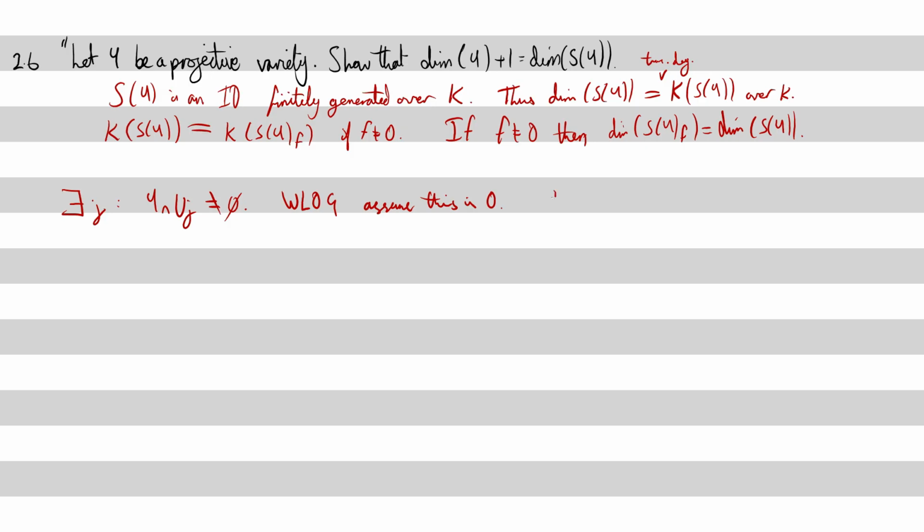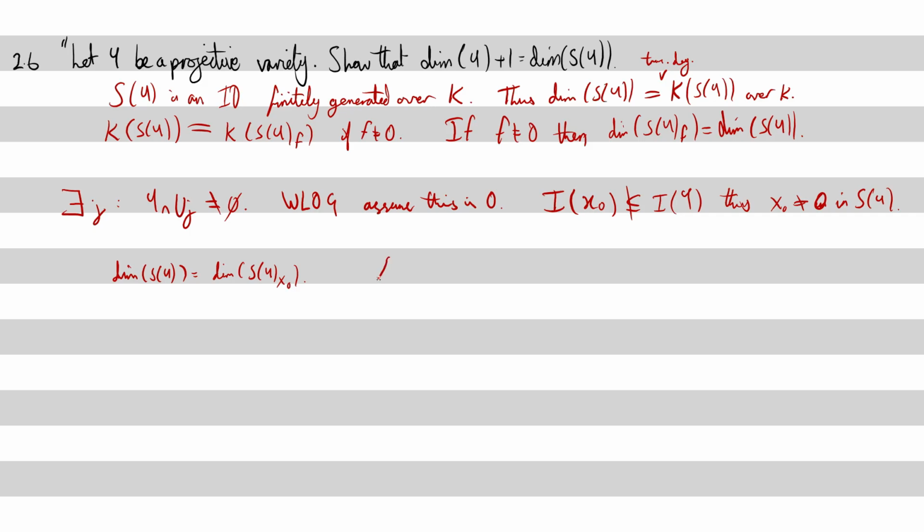And it also means that the ideal generated by x0 is not a subset of the ideal of Y. Thus, x0 is non-zero in S of Y, and the dimension of S of Y is equal to the dimension of S of Y localized at x0.